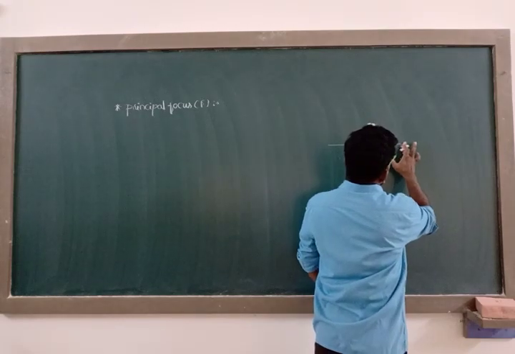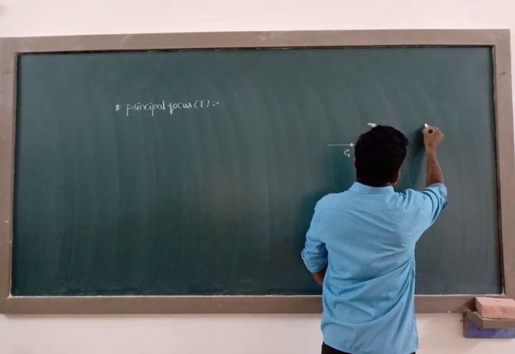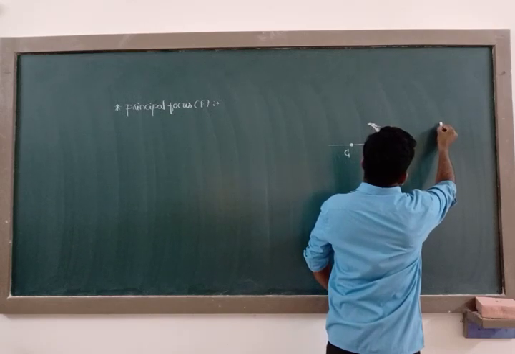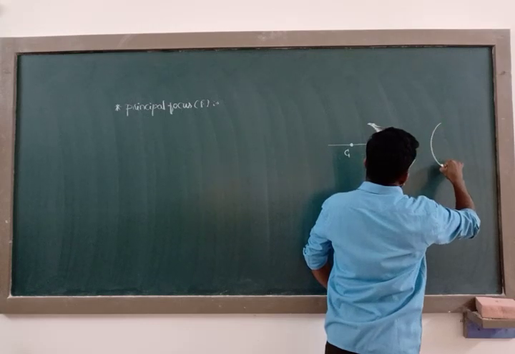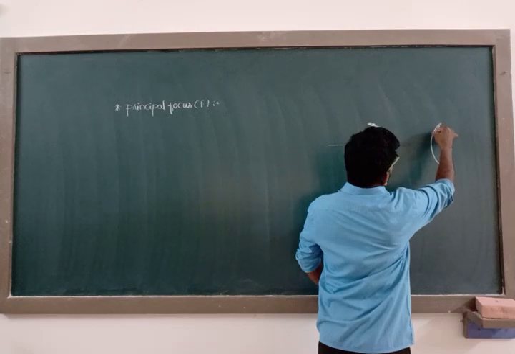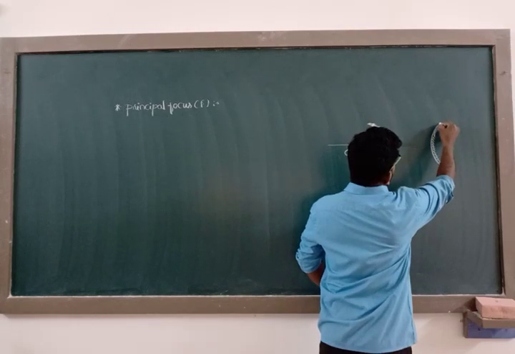And similarly, in case of convex spherical mirror, inner surface is opaque, outer surface is reflecting.